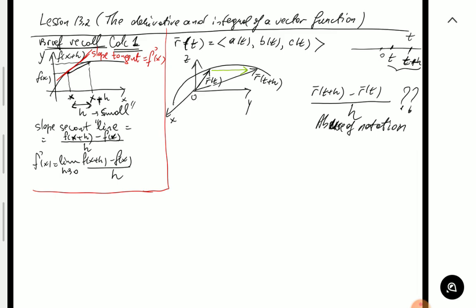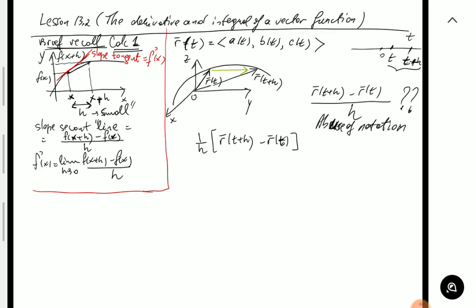But this difference quotient, you can define it as the scalar 1 over h, scalar multiple the vector given by r of t plus h minus r of t. Now, I don't penalize, and I accept "over h." We know what it means from context, but just in the name of precision, we don't have division of a vector by a scalar. It's a scalar multiplication by 1 over h.